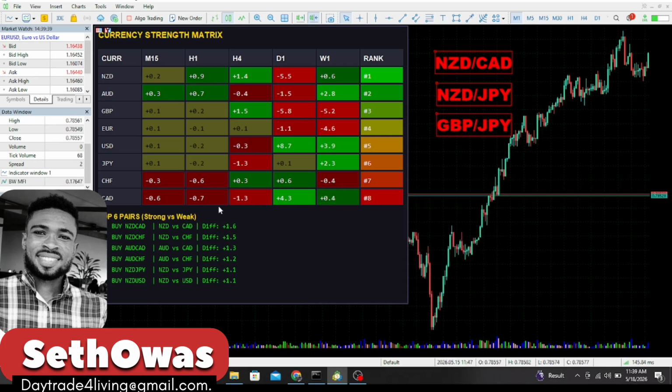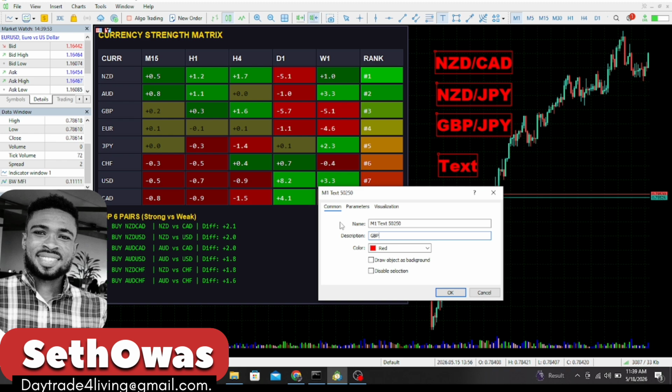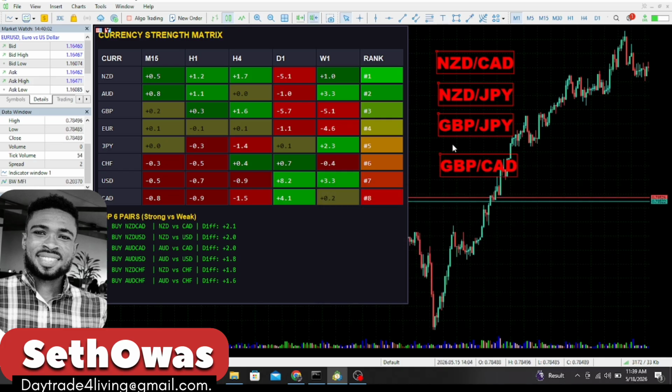Then we can also trade the pound with the CAD. The CAD too is weak, so pound with the CAD. Okay, so currently these are the pairs we are going to look at for this live trading.